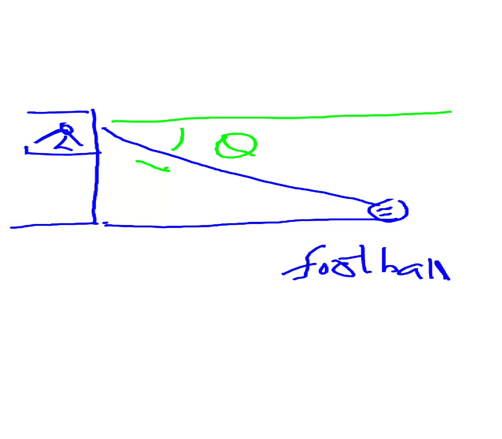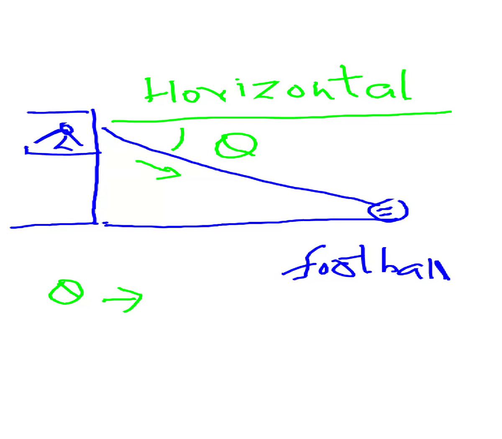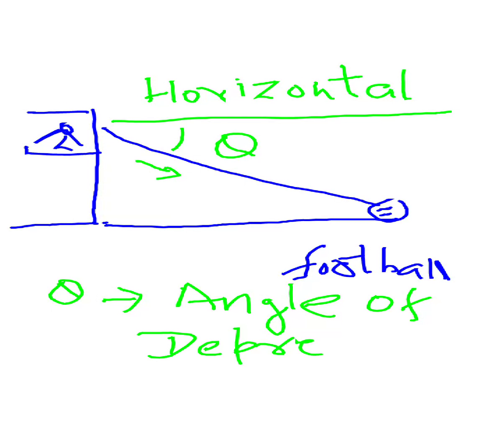Understand it like this: this is your line of sight, it appears to you this way. So this theta is called the angle of, which is downward from the horizontal, this is horizontal. Theta is called the angle of depression. Okay, why angle of depression? Because the line of sight is below the horizontal.